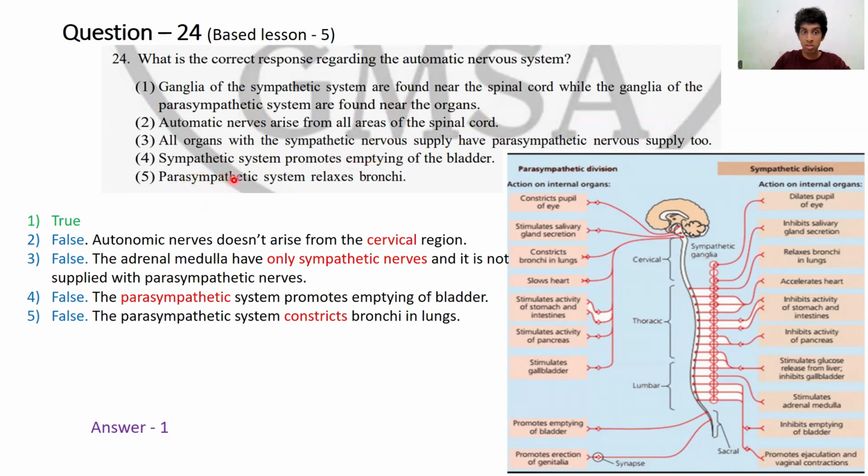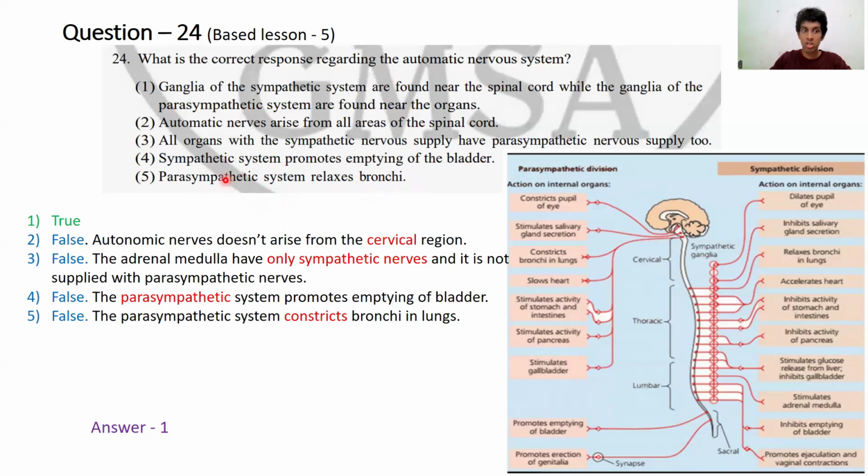Now, the parasympathetic system constricts the bronchi while the sympathetic system relaxes the bronchi. When the sympathetic system is activated, more energy is needed, more oxygen is needed. Therefore, the sympathetic system relaxes the bronchi, thereby increasing the lumen of the bronchi and thereby increasing the intake of air.